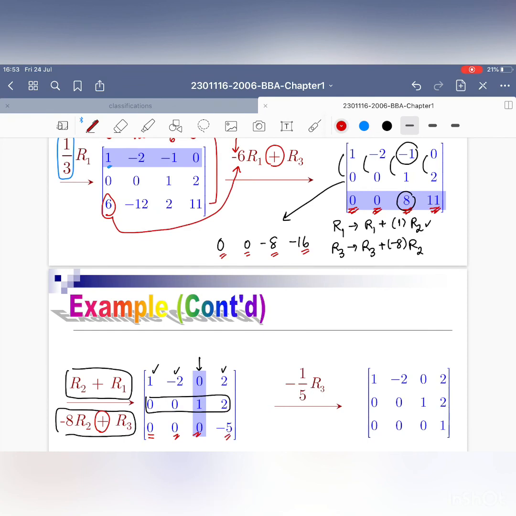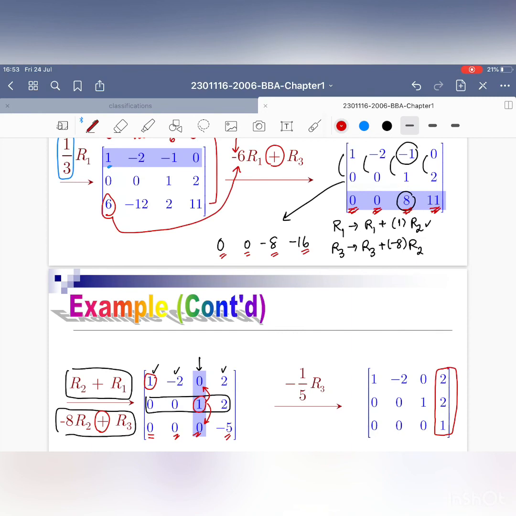Okay, so this one is your first leading, remember. Here is your second leading, and then the rest of the elements in that column, of that leading, they are all 0. So we are already done for the second position of your third column. So we are going to sweep to the last column.